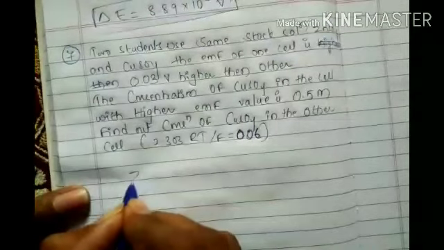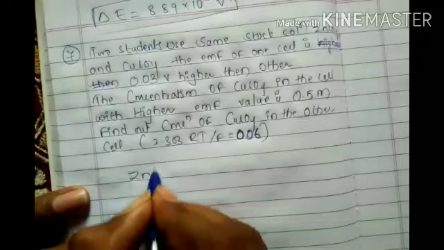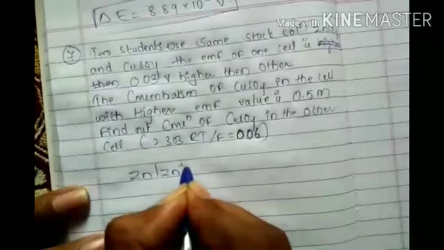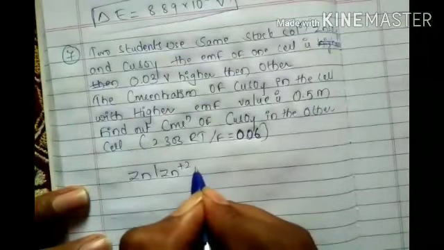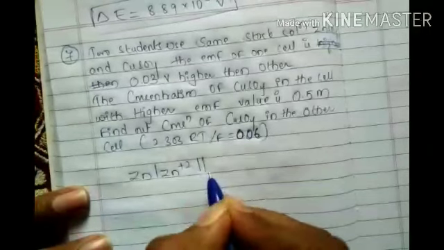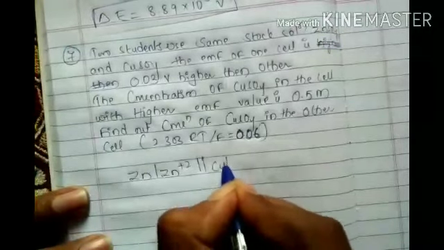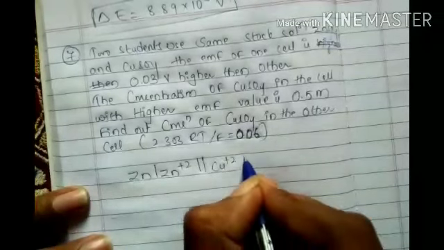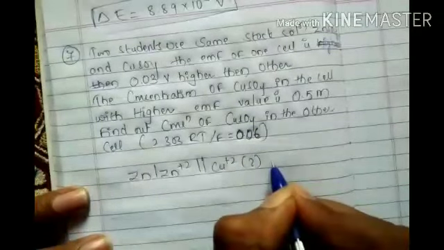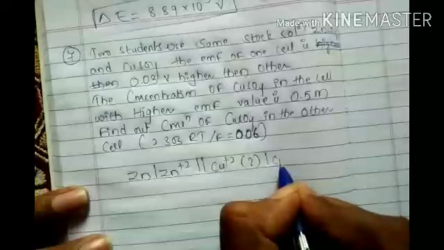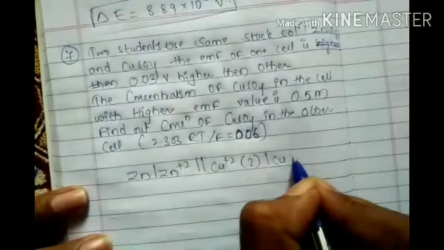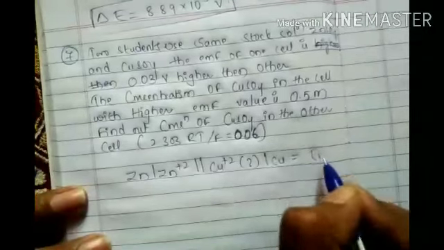Where? First of all, Zn, Zn plus 2, double line, Cu plus 2, whose concentration we don't know, then Cu, EMF is E1.